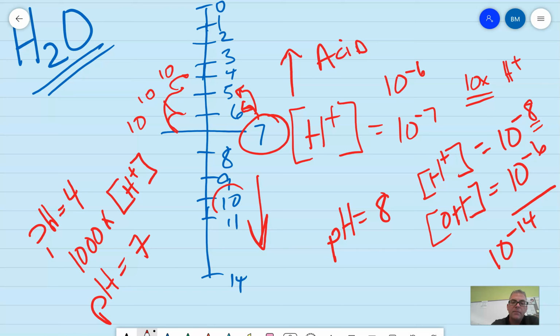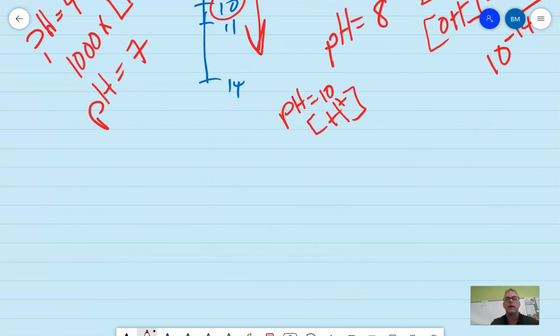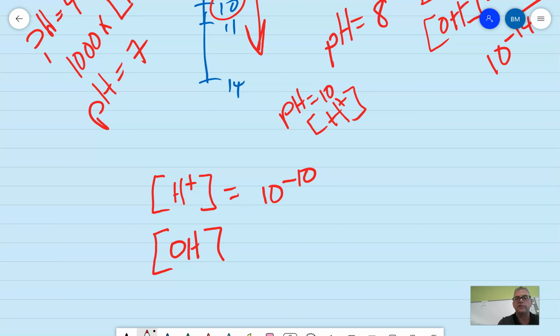If I were to grab pH of 10, my hydrogen ion concentration is equal to 10 to the negative 10th. My hydroxide ion is going to be 10 to the negative 4th. So the total still has to be 10 to the negative 14th.